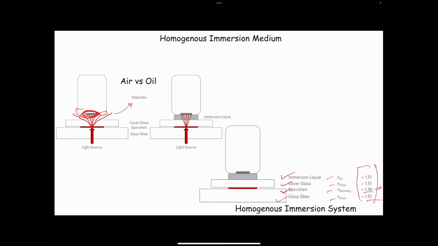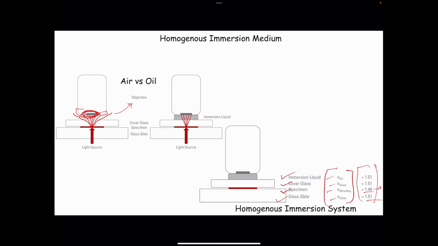Thus you are matching the refractive index of all the different media or interfaces, and the NA of the front lens of the objective, so that most of the light can enter because of the presence of the immersion medium. Now in principle, all of these must have a similar refractive index. That's what we call a homogeneous immersion system.